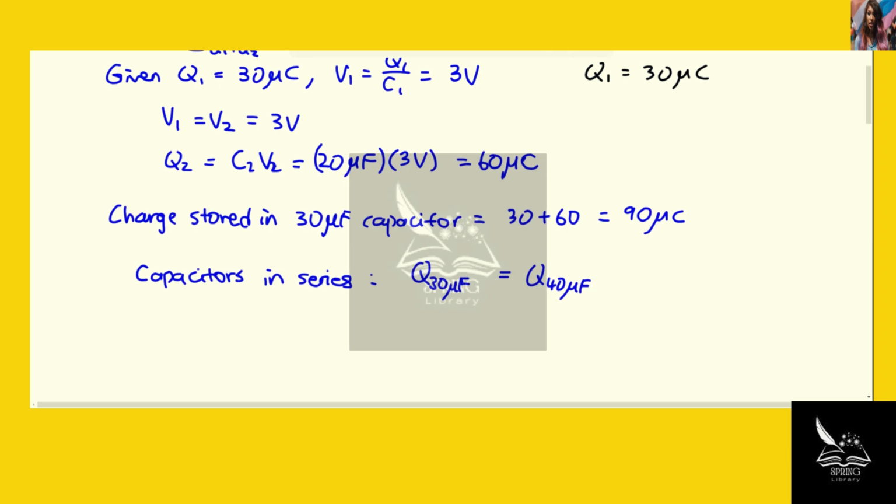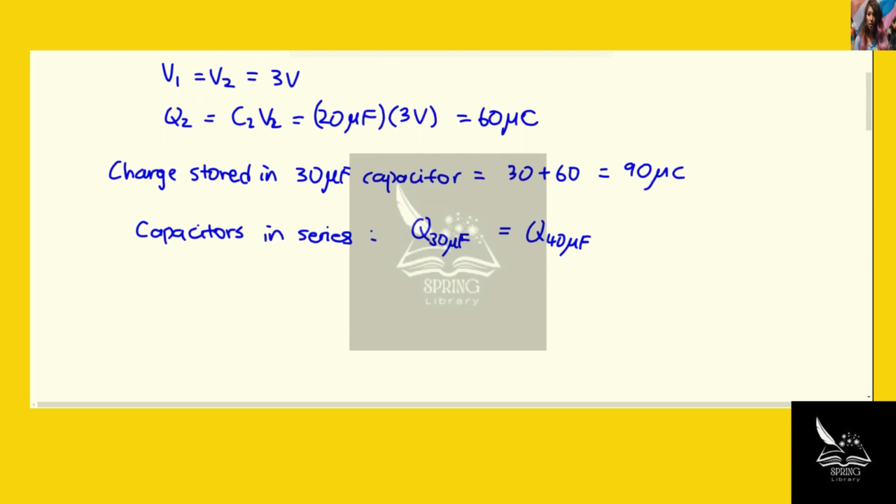So the V at the 40 microfarad capacitor will be Q divided by C. This is 90 microcoulomb divided by 40 microfarad, and you get 2.25 volts.